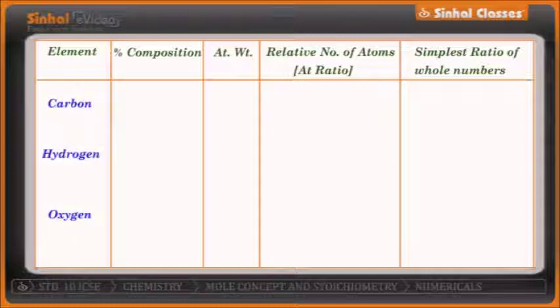Elements involved are carbon, hydrogen, oxygen. Second column, percentage composition: carbon 40%, hydrogen 6.70%, oxygen 53.3%. Atomic weight of carbon 12, hydrogen 1, oxygen 16.